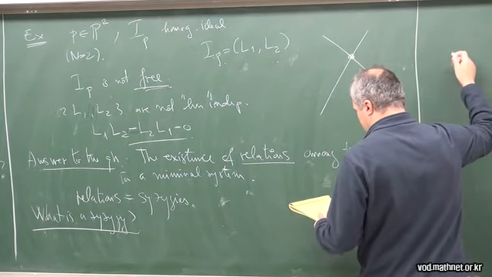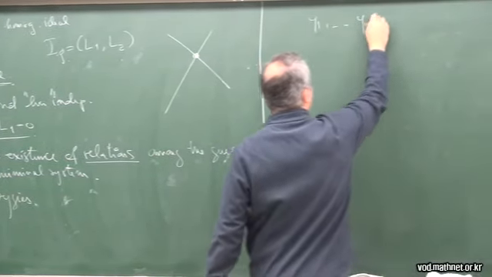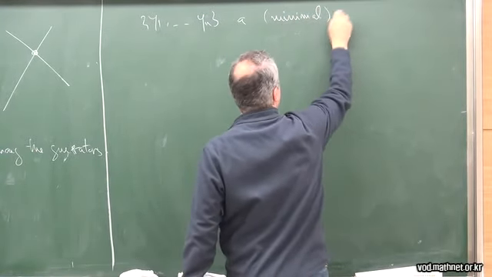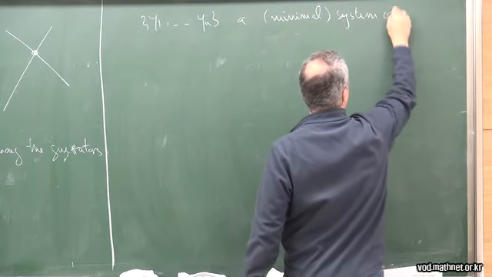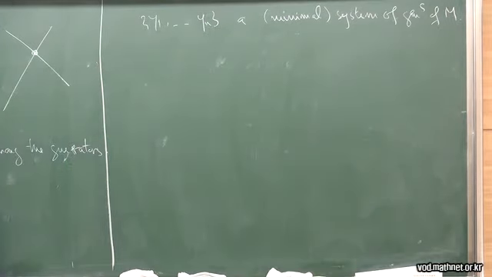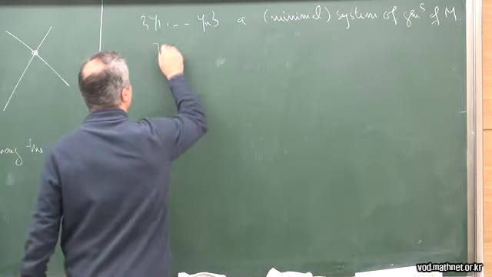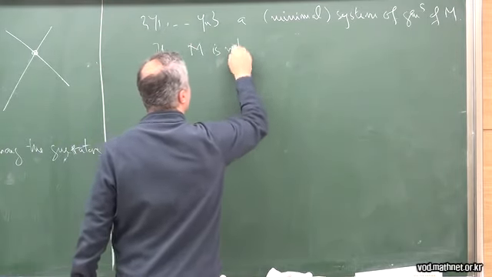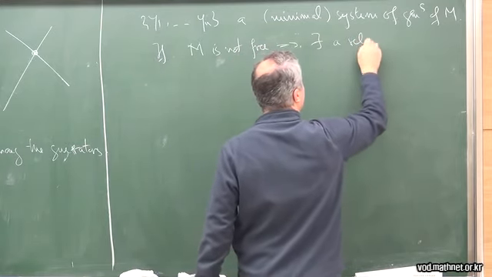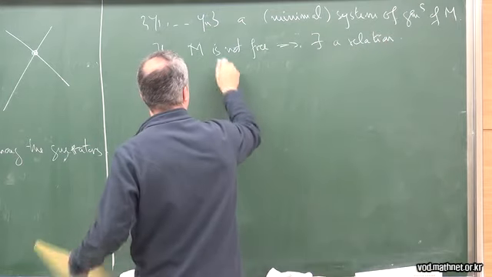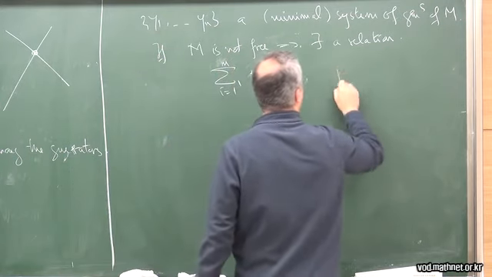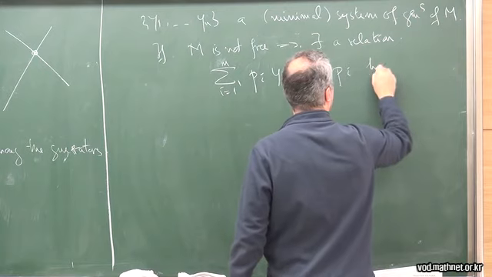We take y1, ..., yn, a minimal system of generators of M. If M is not free, then there exists a relation of the following type: the sum for i from 1 to n of pi yi equals 0, where the pi are homogeneous polynomials.